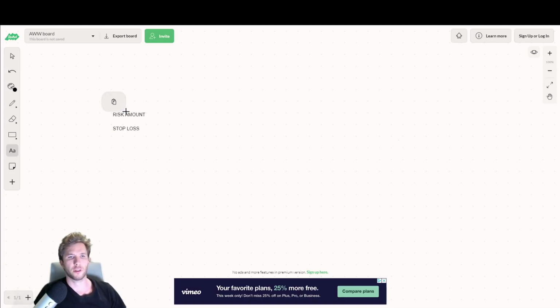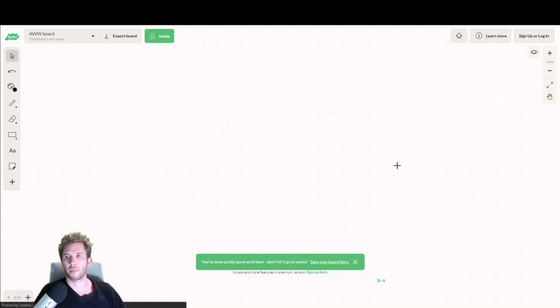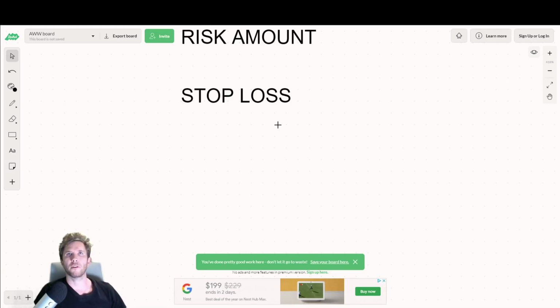So let's see if we can make these bigger. Oh, you know, I can just zoom in. There we go. All right, cool. So risk amount divided by stop loss.